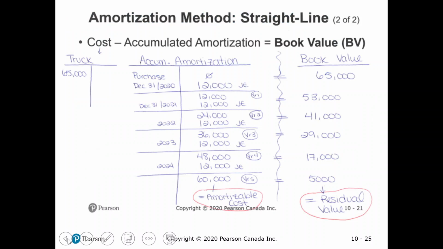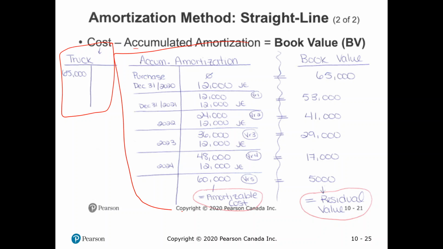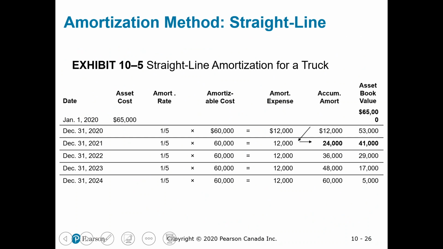So I showed this T account method just because we've talked about T accounts. So I like the way that it shows what's in the truck account, shows what's in the accumulated. But you're welcome to also use this method. So now, instead of figuring out the 12,000, I mean, you could do that, but it looks at what's called this amortization rate, or the straight line rate.